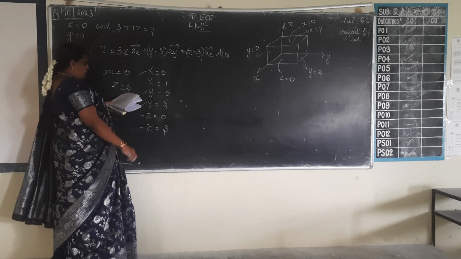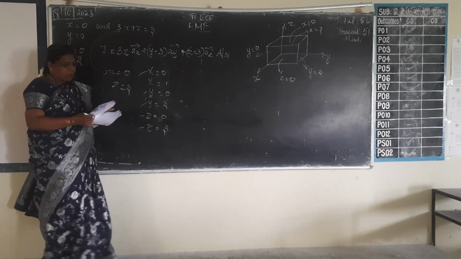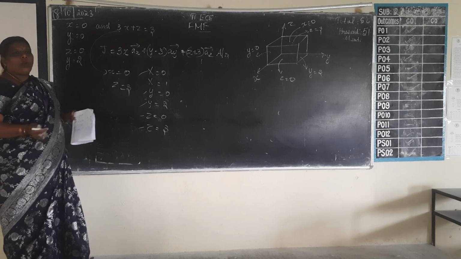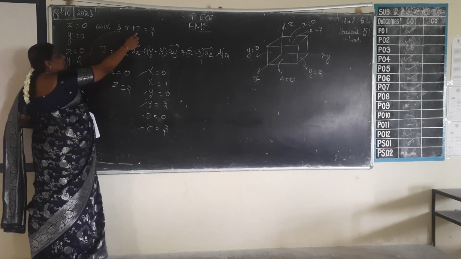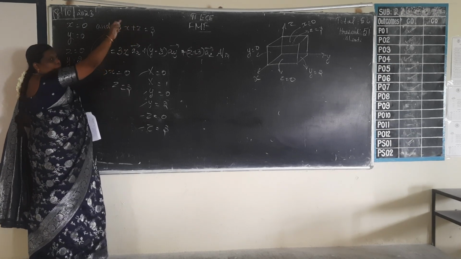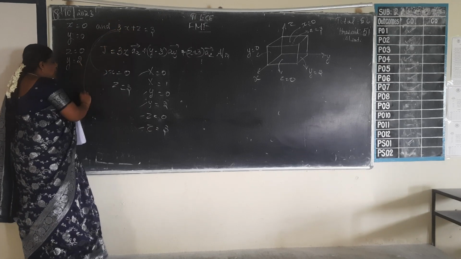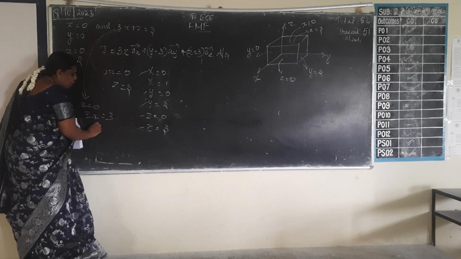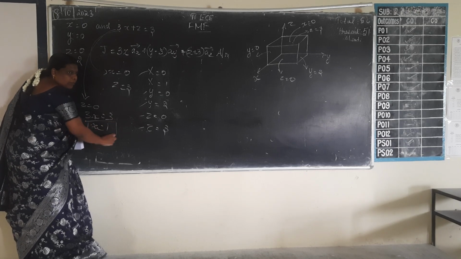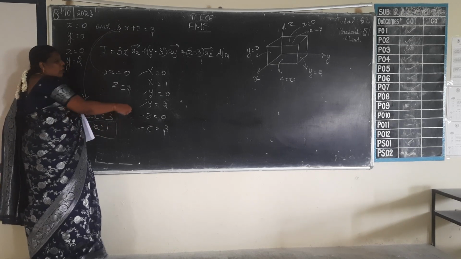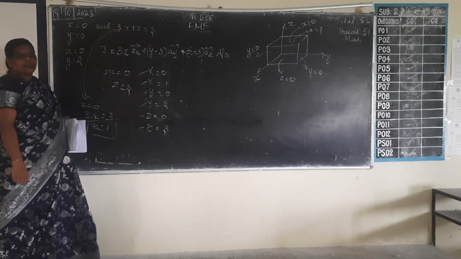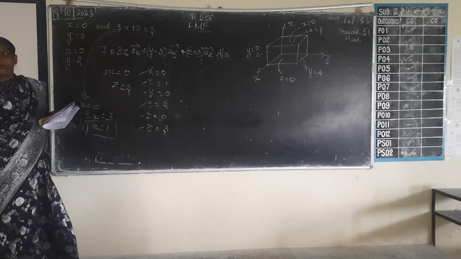X is equal to 1 is not given, no? How do I say x is equal to 1? Because when z is equal to 0 here, 3x is equal to 3. So what is x? X will be 1. You all understand? So we are going to find out the surface areas for all these. Okay, clear?